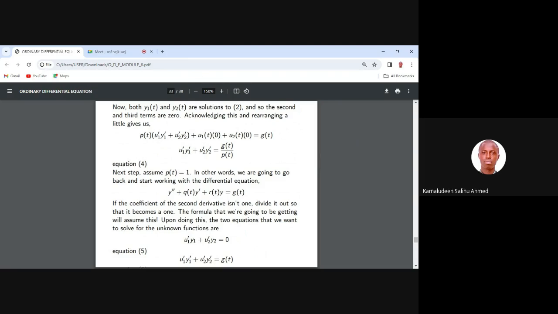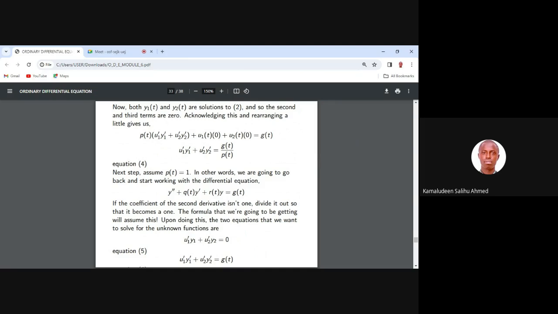So now we want to assume our p of t to be equal to 1. We assume this because we are aiming to prove something. All the possibilities of what you can do to make it possible is what you'll be trying, but just make sure it is mathematically okay.